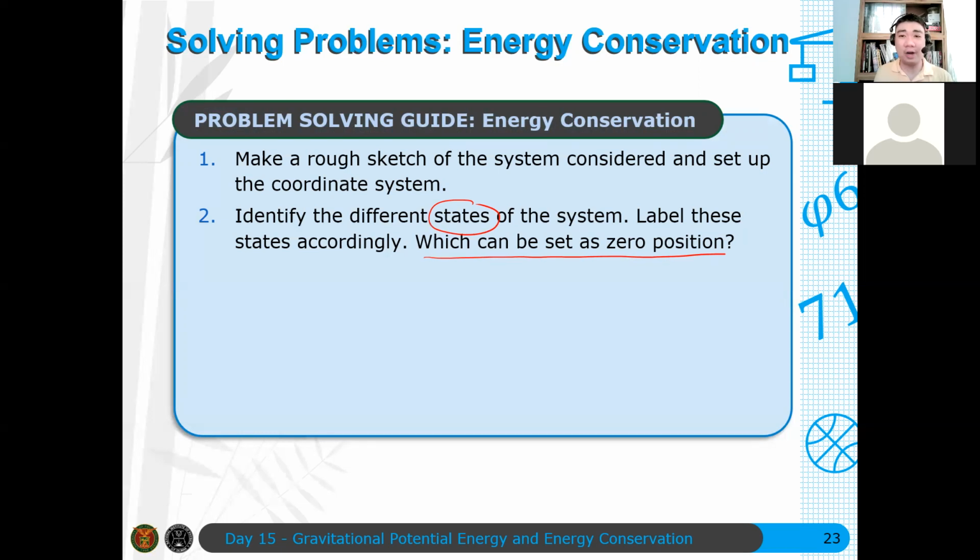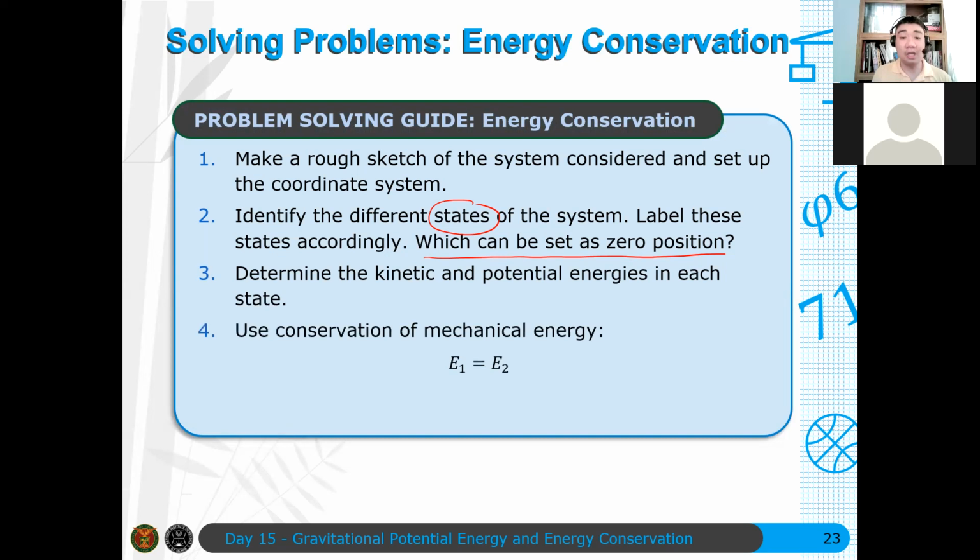This is also true for other problems involving conserved quantities. Makikita natin sa conservation of momentum, for example, na you still also identify different states there. Then you determine the kinetic and potential energies at each state. Alin dyan yung pwedeng mag-zero? Usually naman, may nag-zero dyan.